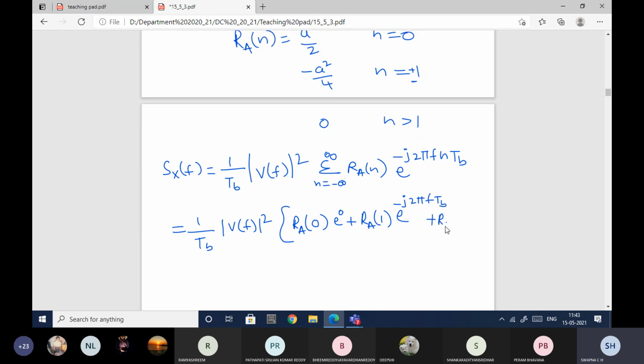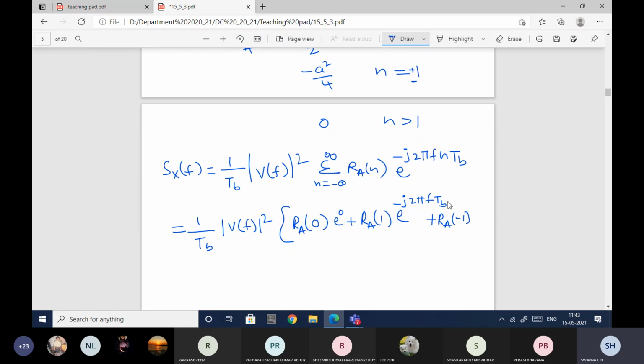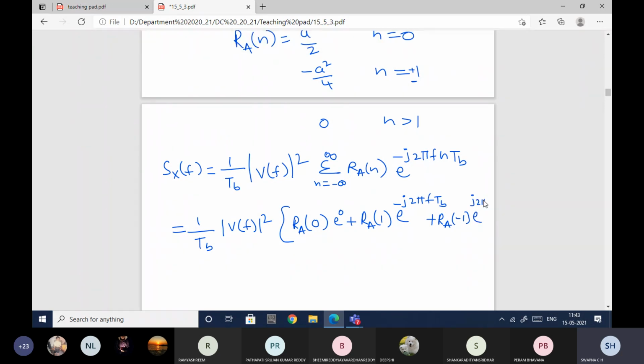Okay, now I'll take array of minus 1. So array of minus 1 will be equal to e power j 2 pi f tb, minus into minus 1 it will be plus, so e power j 2 pi f tb, plus the rest all I'll take separately.